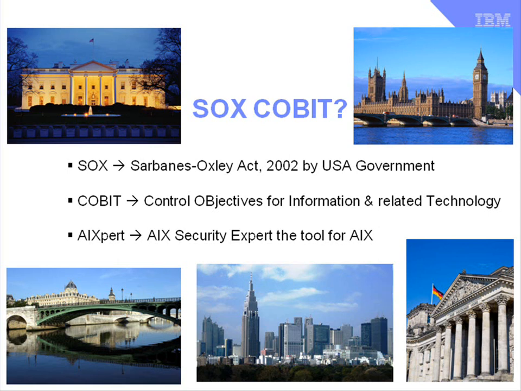Then we have COBIT, which is the Control Objectives for Information and Related Technology. And this is guidelines and best practice, but again it's not platform specific. It's not a script or tool that you can actually run. We have for AIX this aixpert command. And this implements the recommendations of both the SOX and COBIT documents for AIX in scripts and tools that are run on an AIX system.